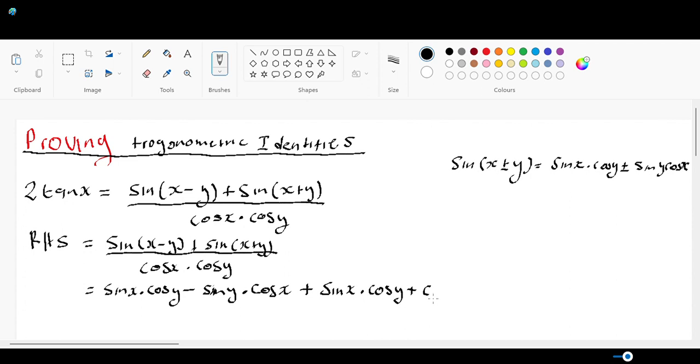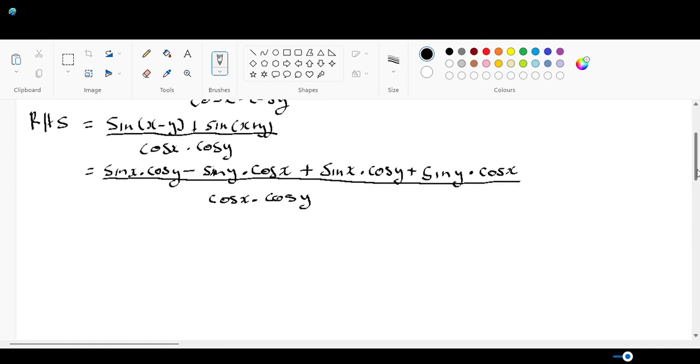And then there's going to be sine y multiplied by cos x. Now all this is divided by our denominator there. It's a very long line, by the way. So our denominator is going to be cos x multiplied by cos y. Okay, let's create space, guys.